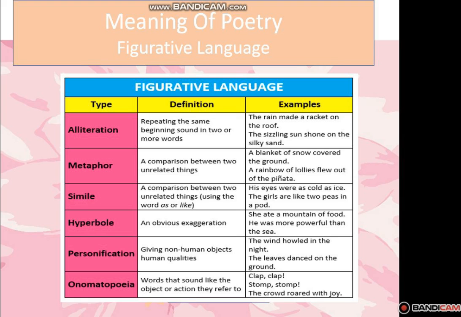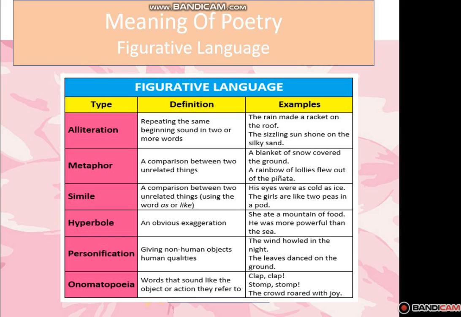It is like a person dancing, but it is not actually a person. We know that, but the speaker wants the reader to think that the leaves move quickly like dancing on the ground because the wind blows them.